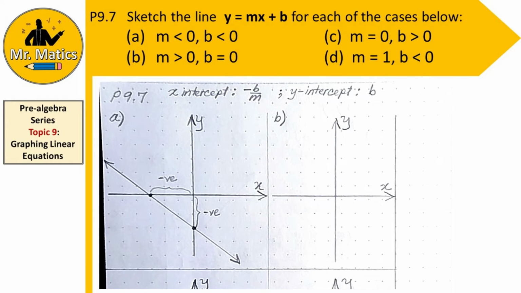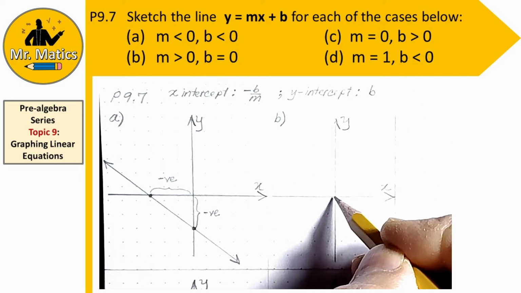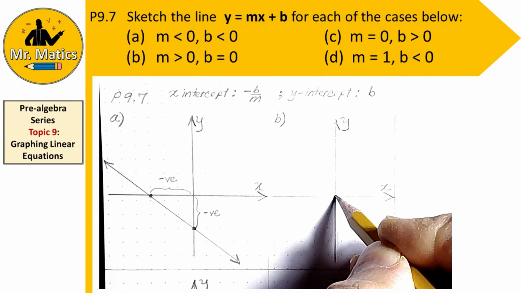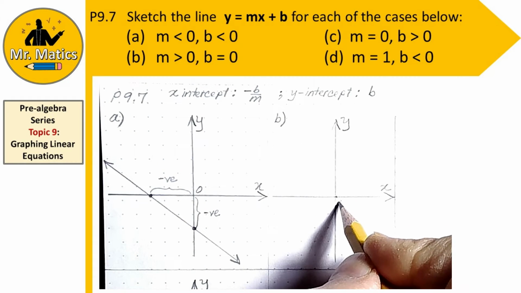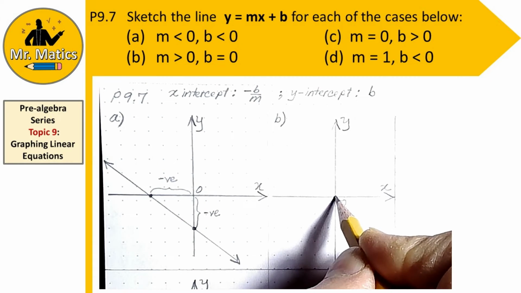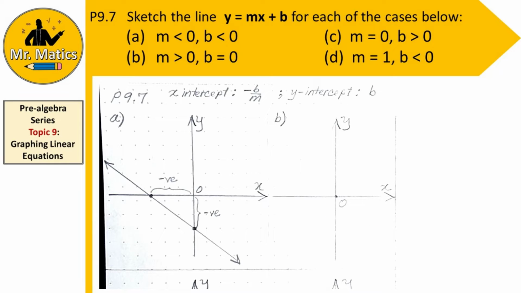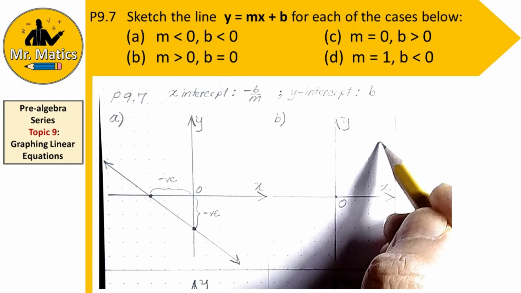So the next one is m greater than 0 and b equals 0. If b is equal to 0, it means that it has to pass through the origin. So if this is the origin, this will pass through origin. And we know that m greater than 0, or m is a positive value, means that it is an acute angle.